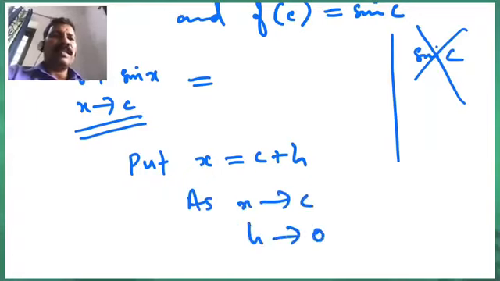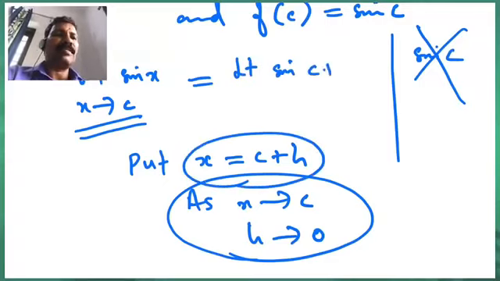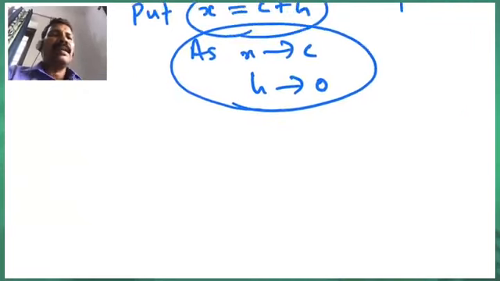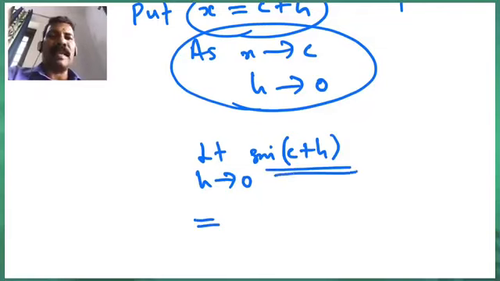So using this concept, we can write limit of sin x, where x is c plus h. So we can write sin of c plus h, and h tends to 0. That is limit of sin(c plus h) as h tends to 0, that we can expand. We know the expansion of sin(a plus b).